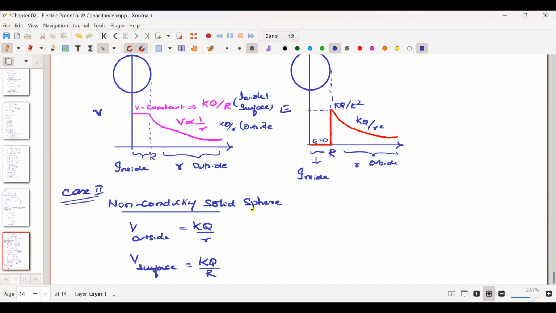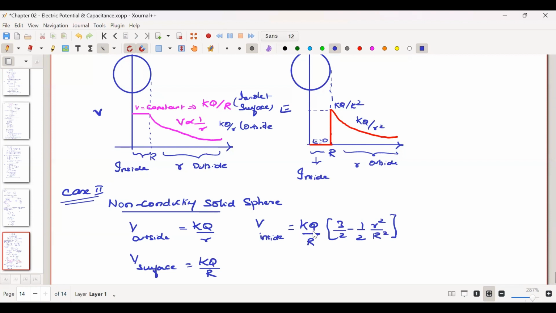This is also the same. Only the inside point is going to vary. So V inside will not be constant. It is going to vary, and just write the expression. This will be KQ by capital R times 3/2 minus 1/2 R squared by capital R squared. For your boards, normal papers will not ask this.